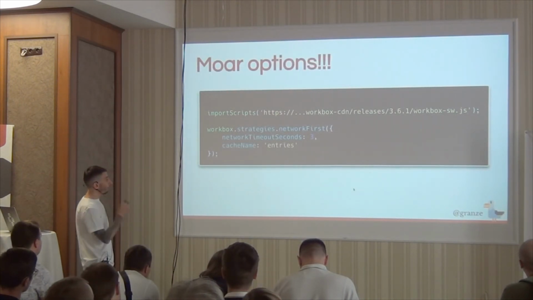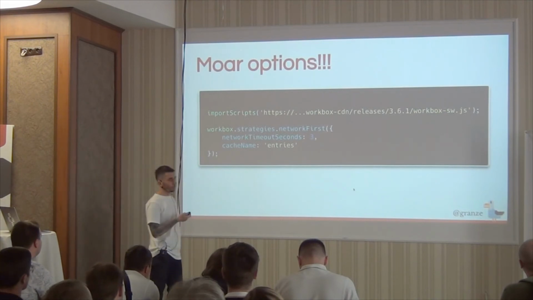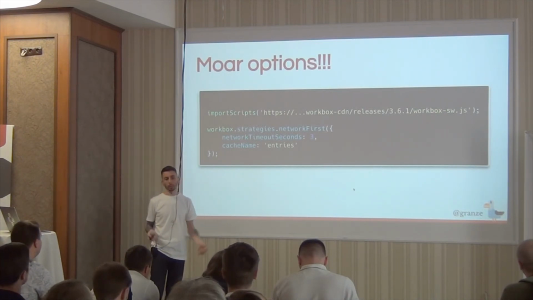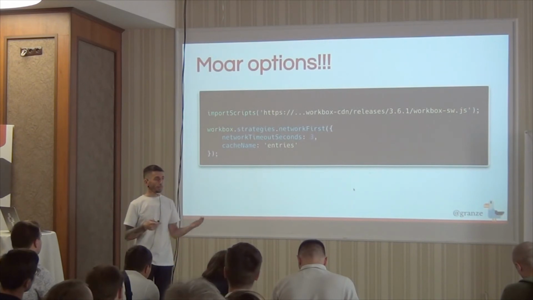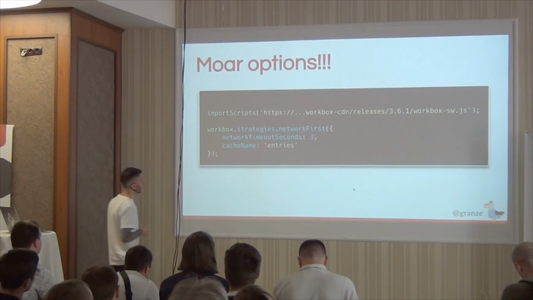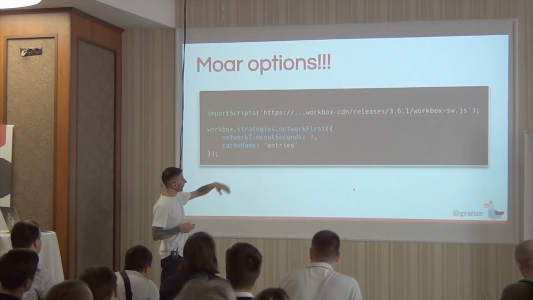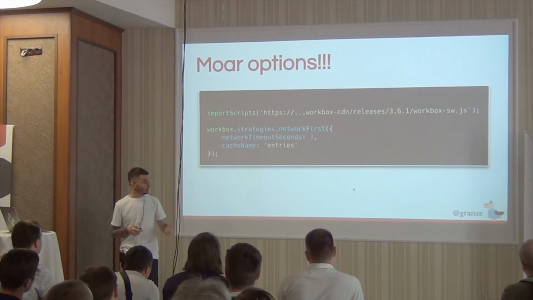But we have more options. Also, we don't want to use just one cache for all the application. Maybe we want to split our assets in different caches. And we can specify that for the network first strategy, I'm going to use a cache named entries.